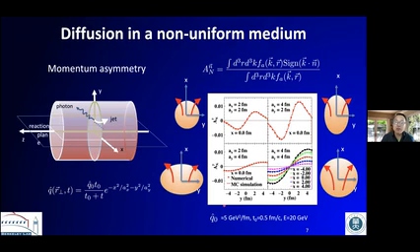For this kind of Boltzmann equation in a non-uniform medium, an analytical solution is not possible. We tried to find one even for a simpler momentum and spatial non-uniform medium, and we couldn't do it. So finally, we have to use brute force.